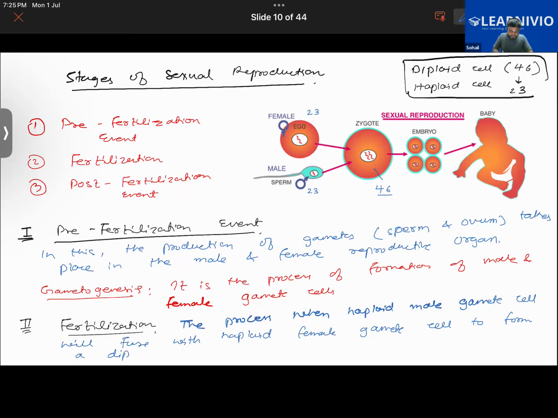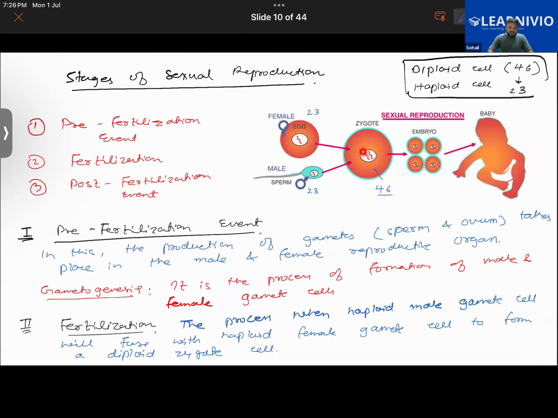Can we say that? Look at the number of chromosomes in a zygote. Yes, Khadija, how many chromosomes are in a zygote? Yeah, 46. Very good. Furthermore, what would happen?